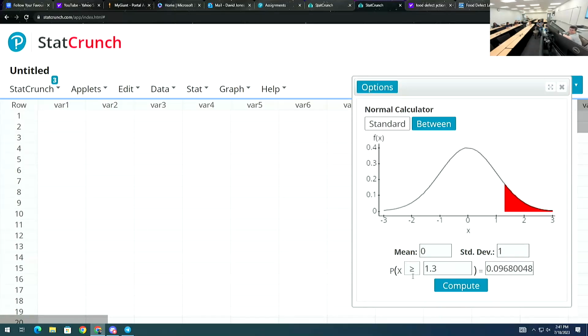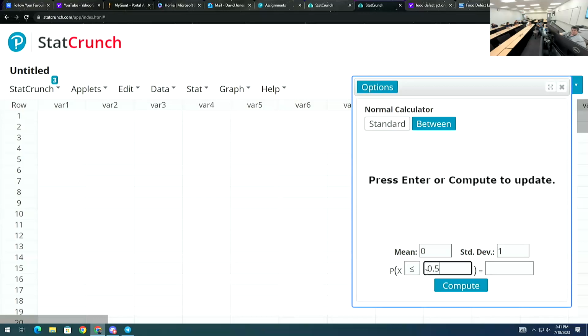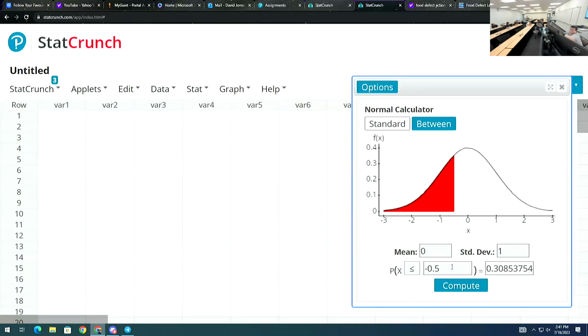If I do Z is less than negative 0.5, I'm getting 0.3085 to 4 decimal places.